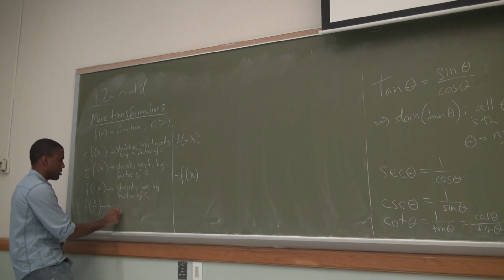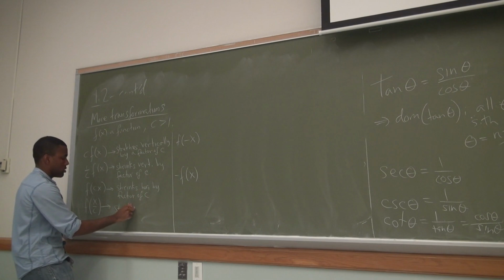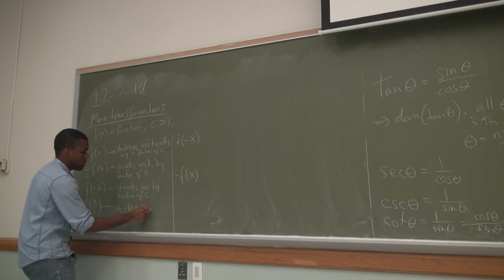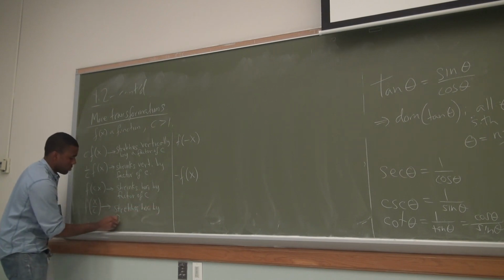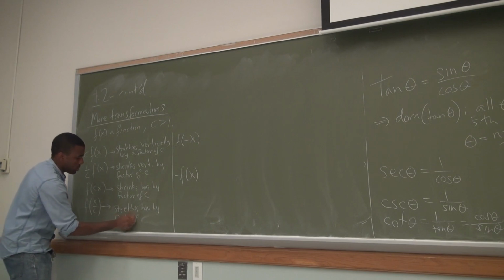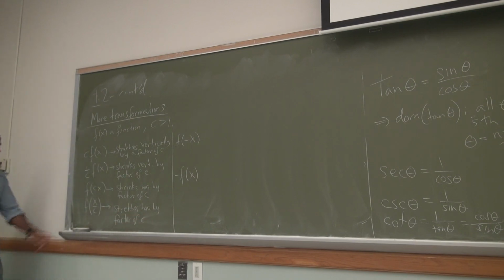This stretches horizontally by factor c. The reason being, for a function like this, x has to be bigger in order to get to the same point. So if this was, say, a 5 here, your x would have to be 5 before it gets to f of 1, whereas before it only had to go to 1. So it has to stretch out a lot longer.